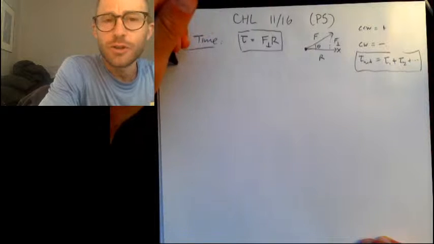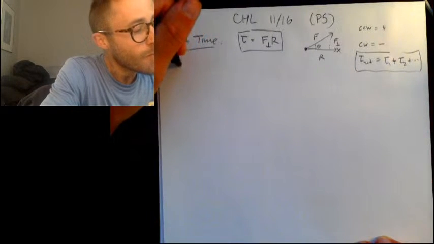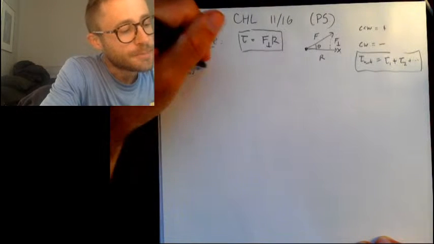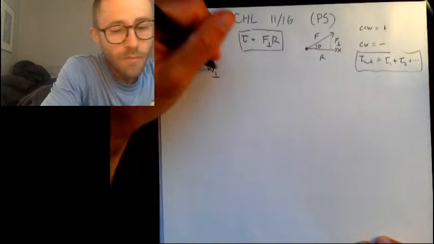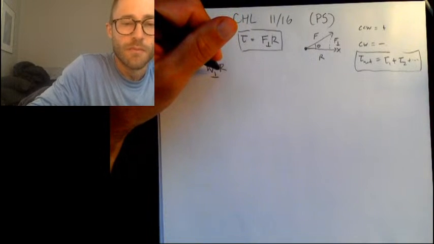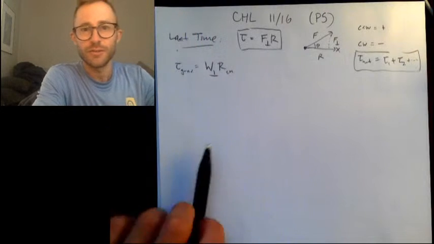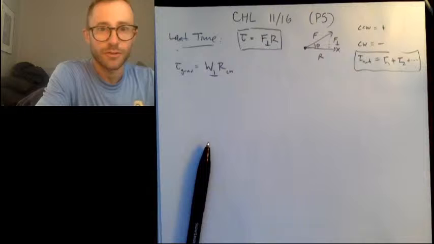We talked about the gravitational torque, which is equal to the perpendicular component of the weight times R cm. So the gravitational torque acts as if the weight force were concentrated at the center of mass.